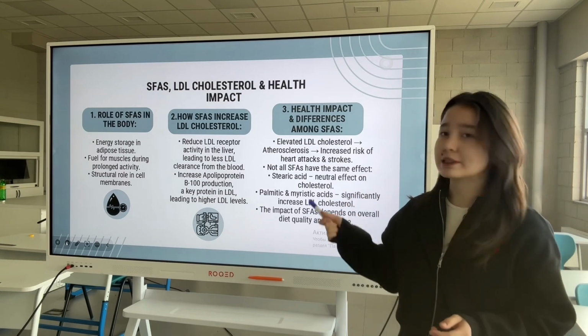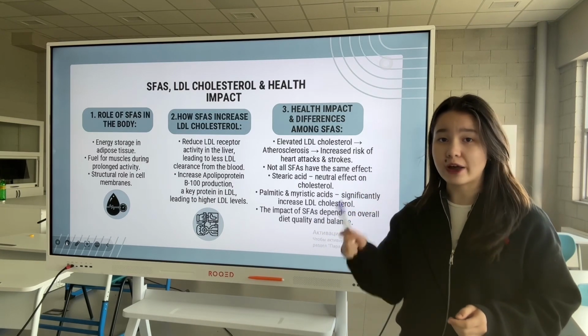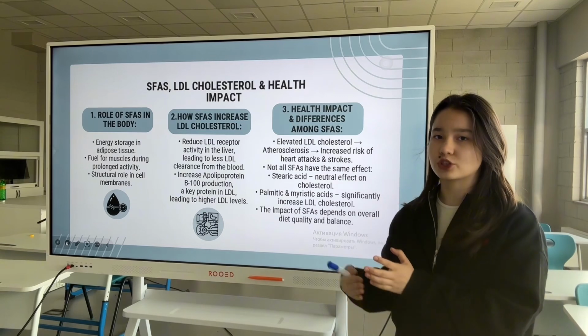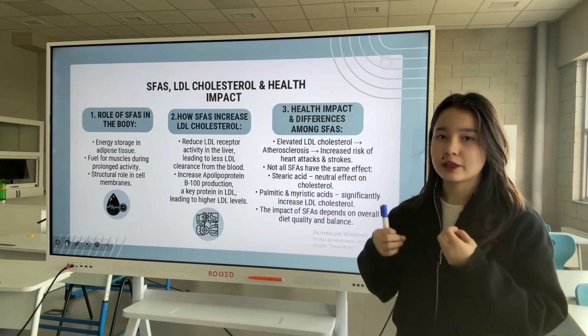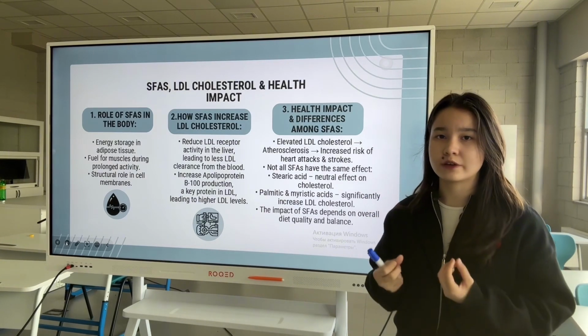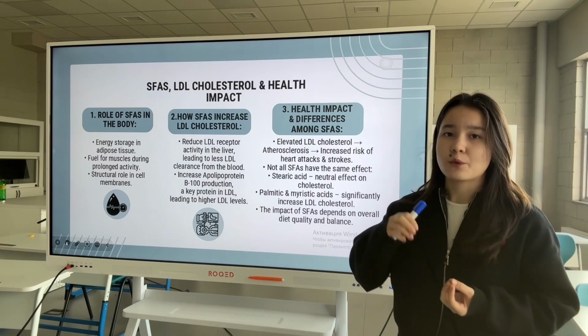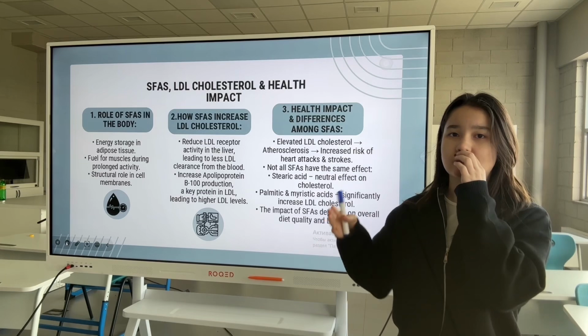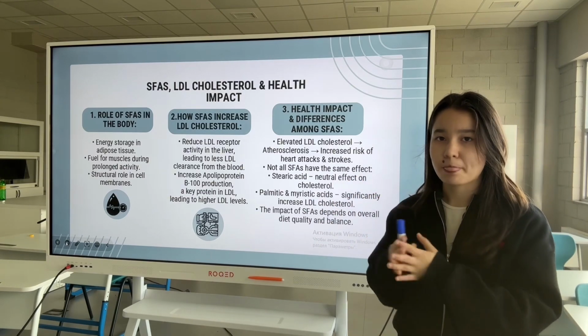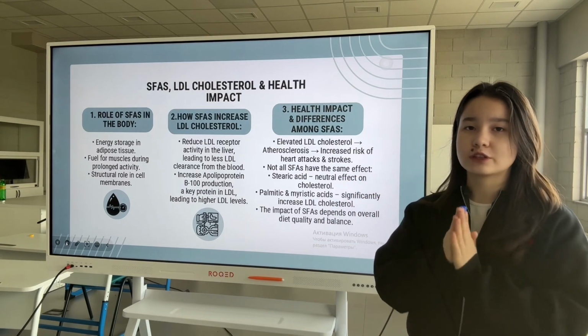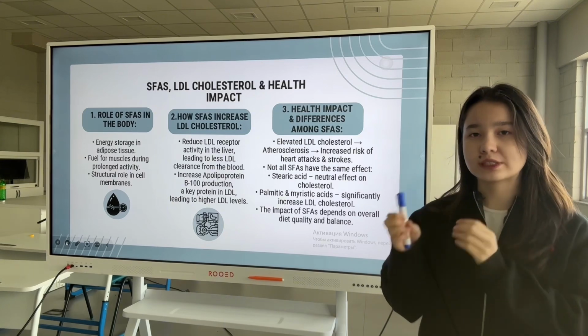Therefore, saturated fatty acids are essential for various physiological functions. Their impact on LDL cholesterol levels is a critical consideration in maintaining cardiovascular health. We will continue to explore the broader health implications of saturated fatty acids in the following segment.